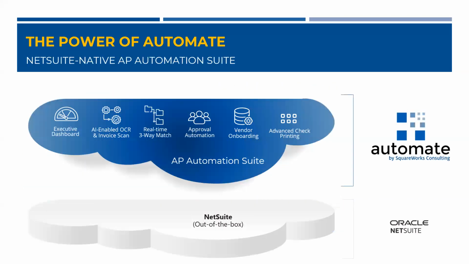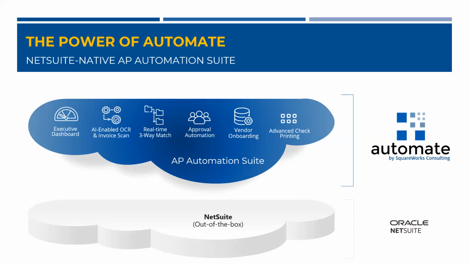So moving forward, there are a number of features that make up the AP Automation Suite. Everything is centralized in a dashboard, but we have everything from OCR and invoice scanning to real-time three-way match. There is some approval automation where even folks outside of NetSuite licensing can be a part of that approval process of invoices and other potential documents that you may need approval for within the organization, because that is done via email.